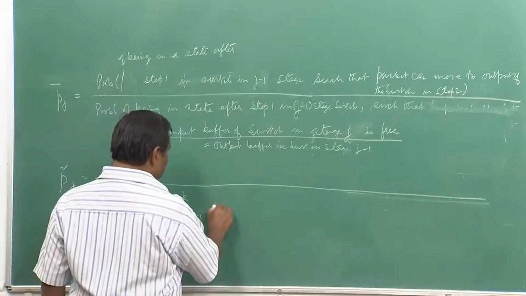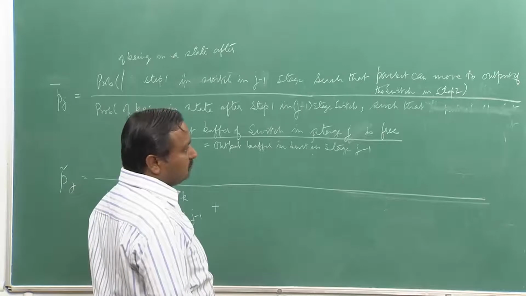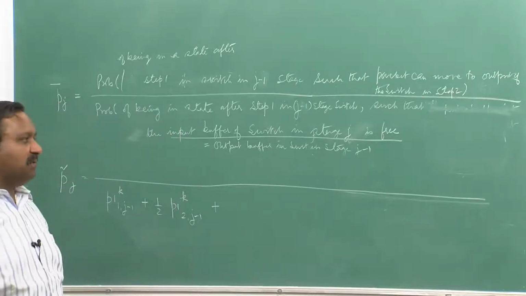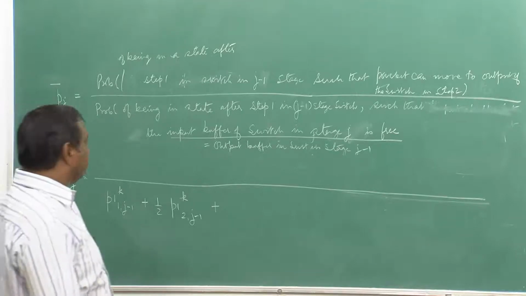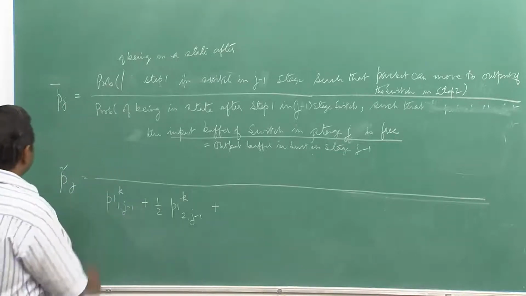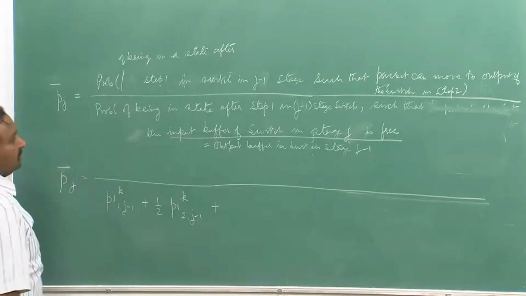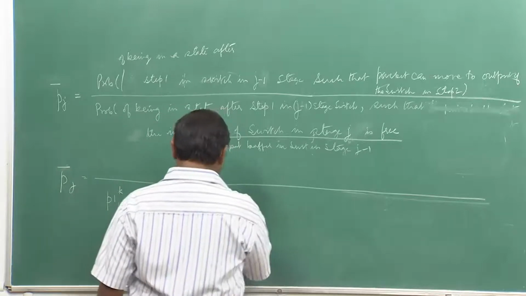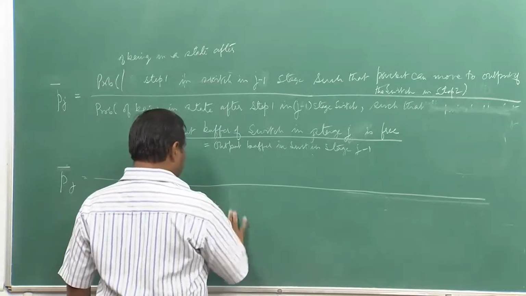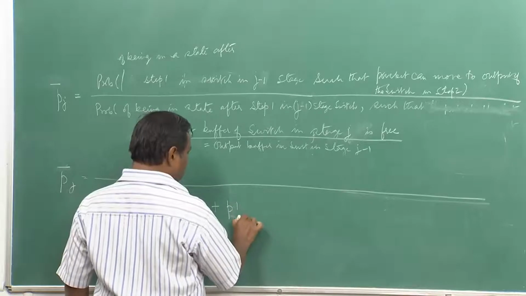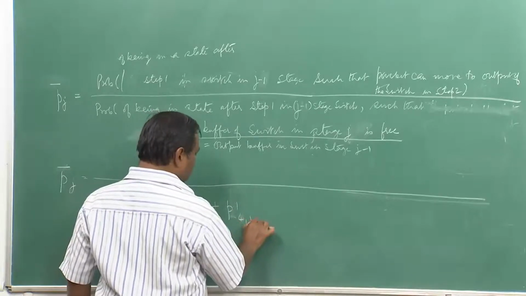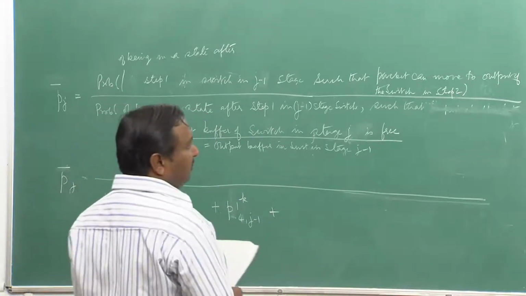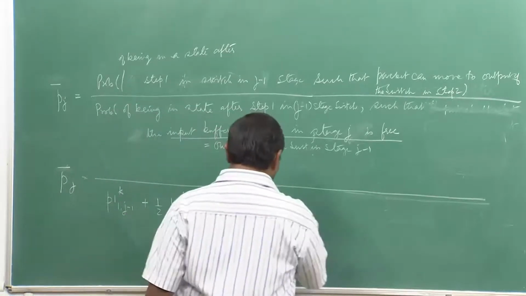Then similarly I will have the third one. In the third one, there is no output buffer which will be empty, or input buffer for my switch in the jth stage, because I am talking about that, and sorry, this is Pj bar. So the third one will not come. The fourth one, yes, both of them will come. So this will be half P of 4, j minus 1, k. Then we have the fifth, with half only this will be happening.